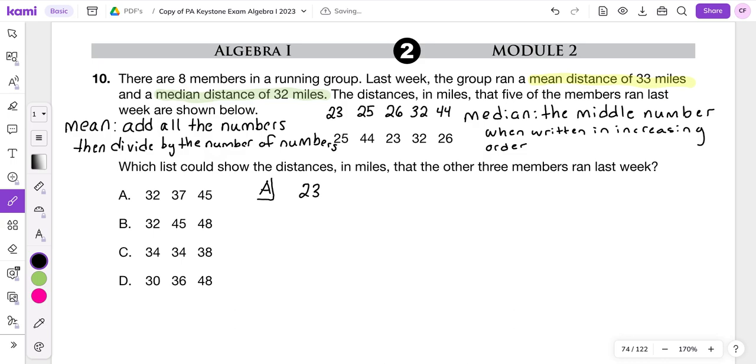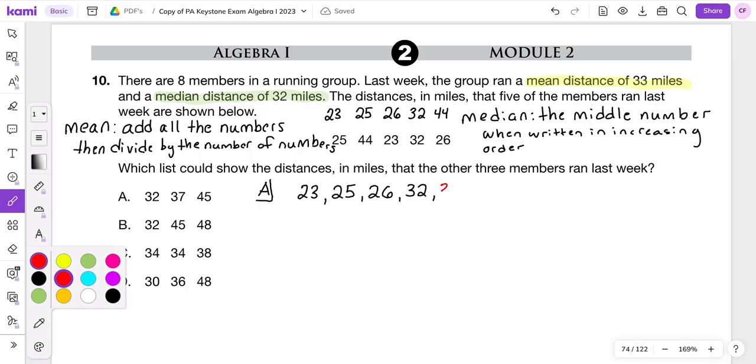We would have 25, 26, 32, then we have one of the new 32s, we would have 37, followed by the 44 from the original information, and lastly the 45.